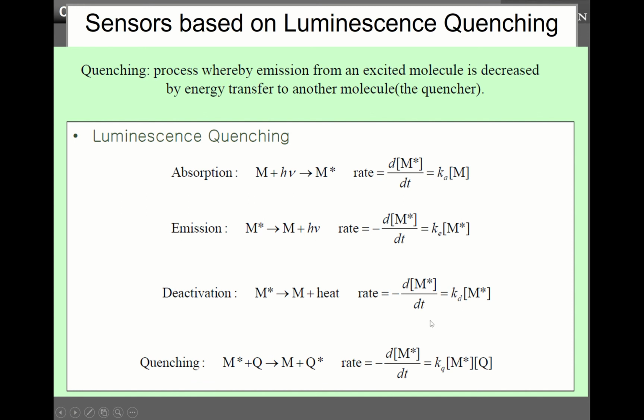All right, and what else? So there are basically four processes when the molecules absorb light. Once it is excited, the fate of these excited molecules is emission, deactivation, and quenching.